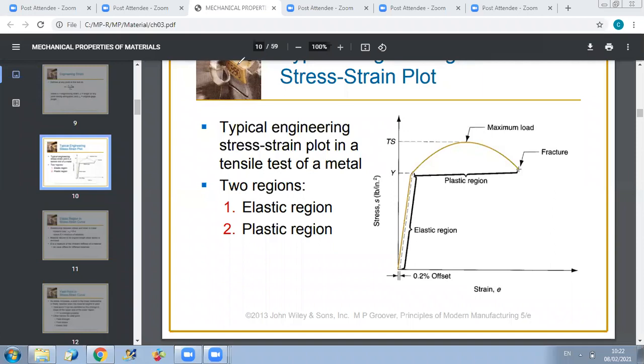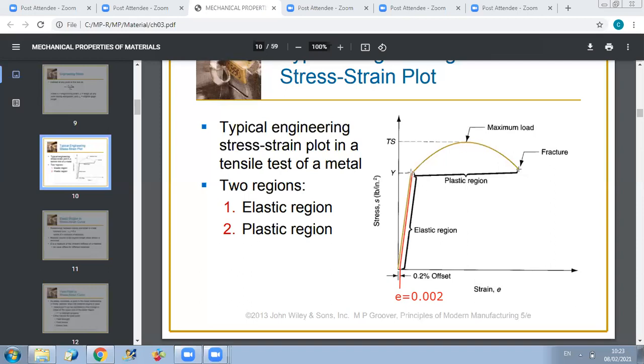We take the point epsilon equal to 0.2%, which corresponds to epsilon equal to 0.002. And from this point, you draw a line parallel to the elastic plot. This line will encounter the graph at one point, which corresponds to the yield point.